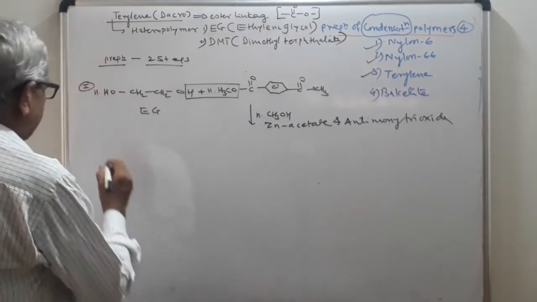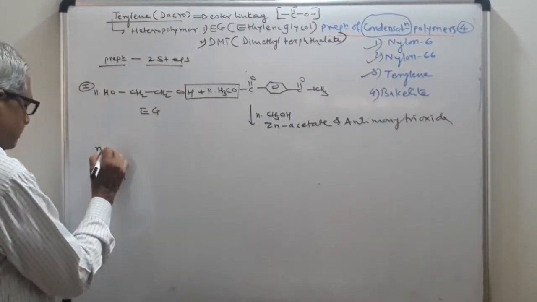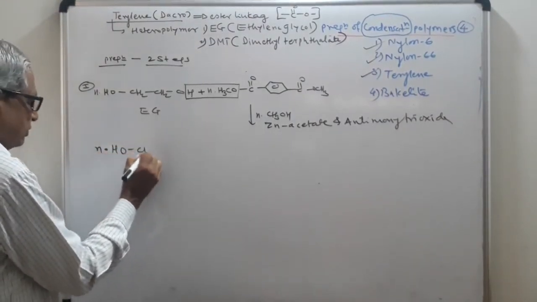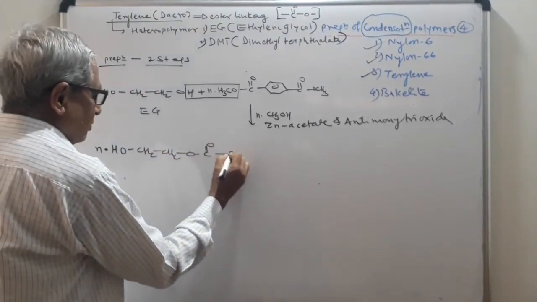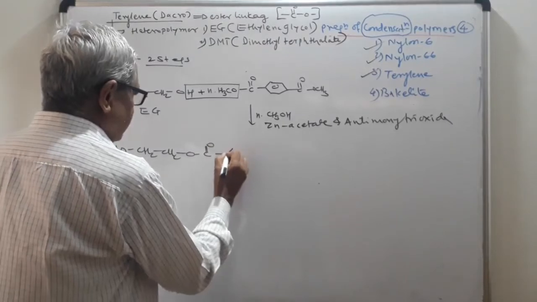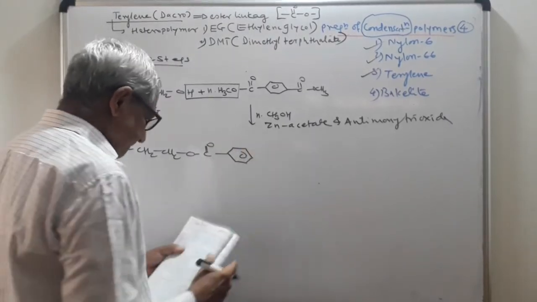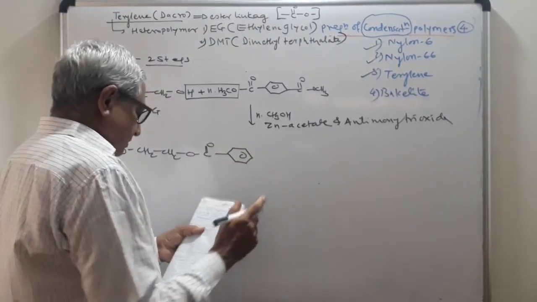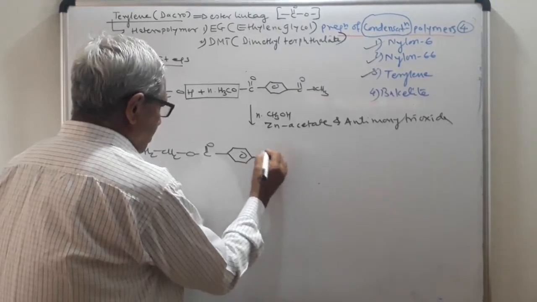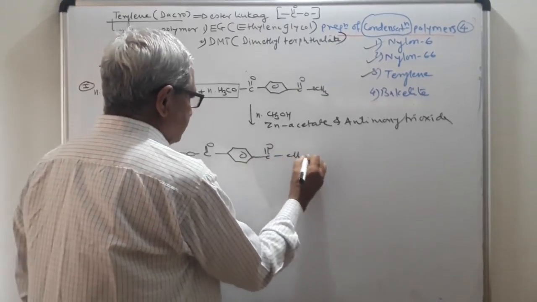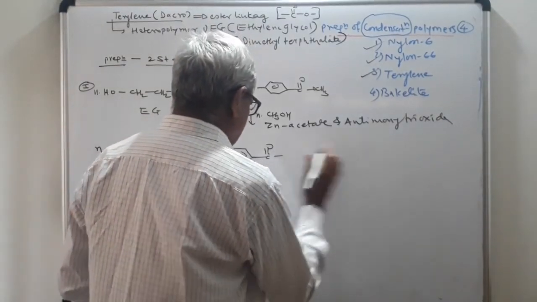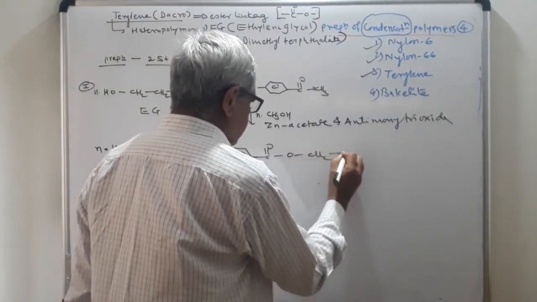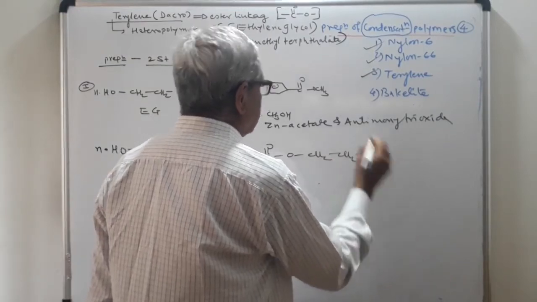So you will get here n times OH, CH2O, C double bond O, then benzene ring, C double bond O, O, CH2OH.